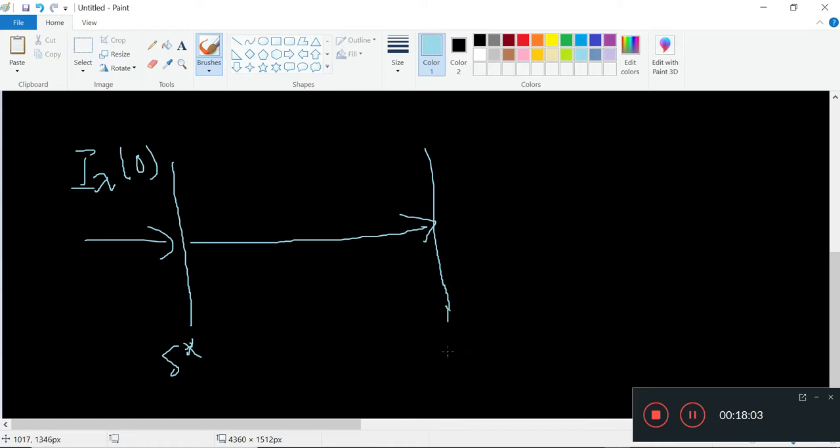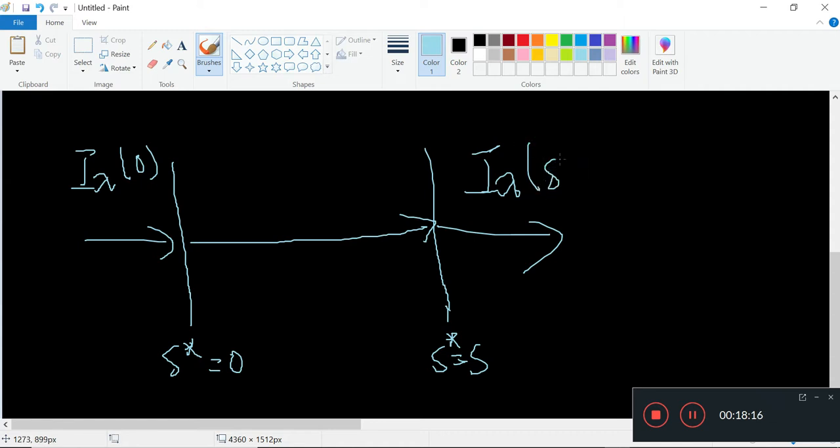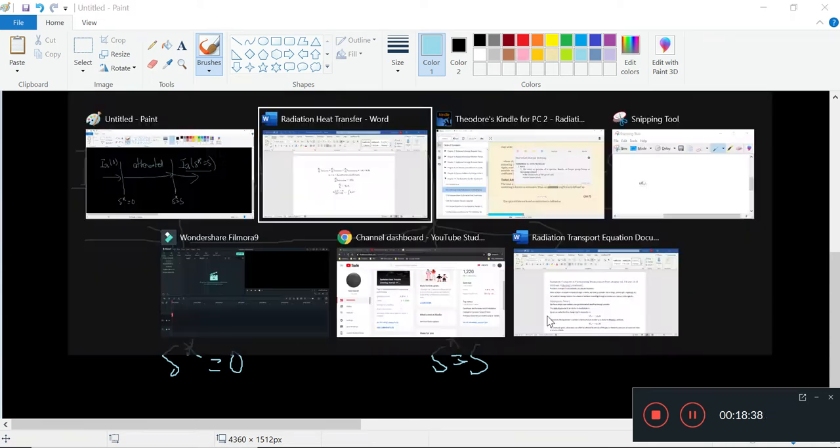This is s star equals 0, and this is s star equals s, and then the final radiation coming out is I lambda at s star equals s at this point here. During the traveling of the radiation through this medium, it will get attenuated, and this is the final radiation coming out.